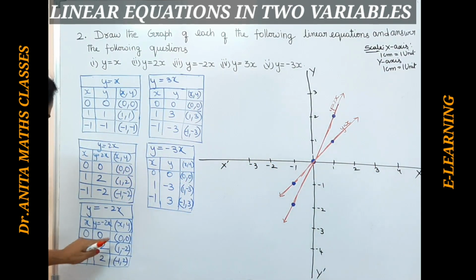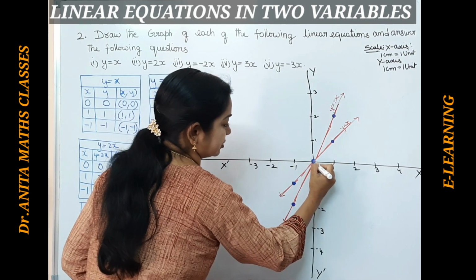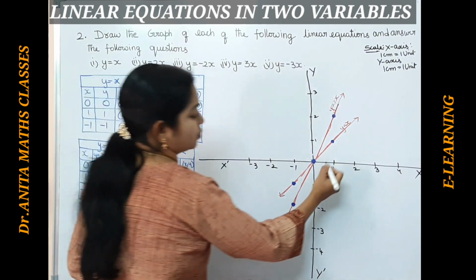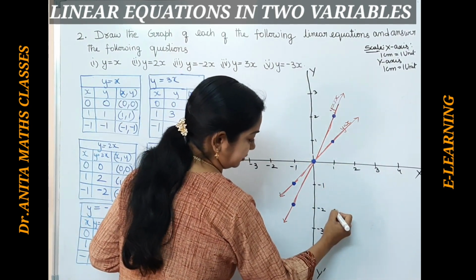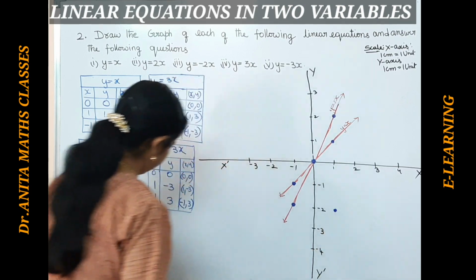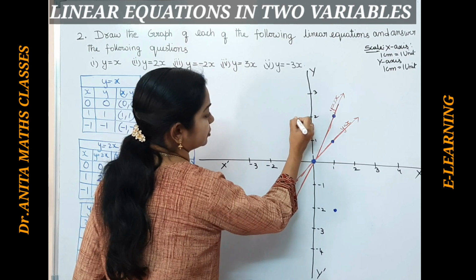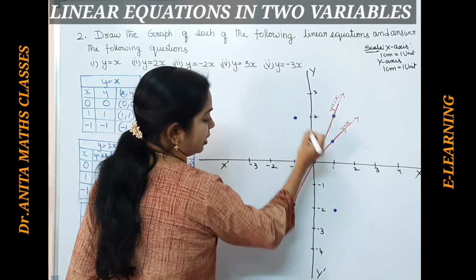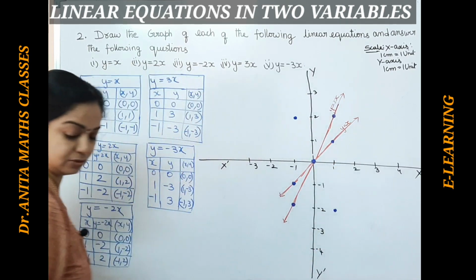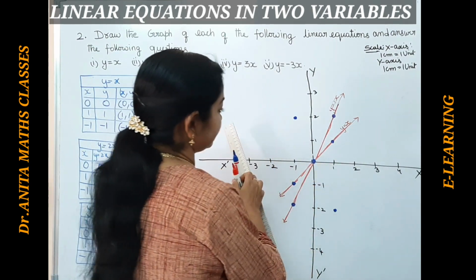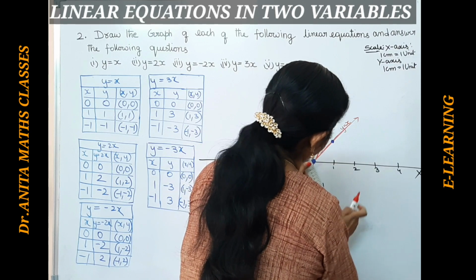Now the next one is minus 2x, so 0 comma 0, the same origin, then 1 comma minus 2, here, and minus 1, 2, here. So use a scale. I'll be using the scale here because these are straight lines.